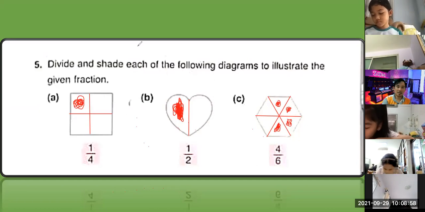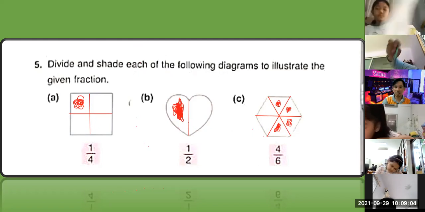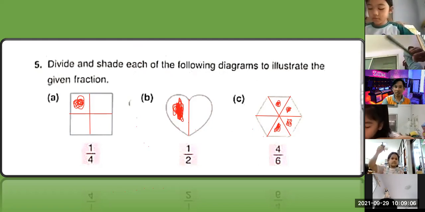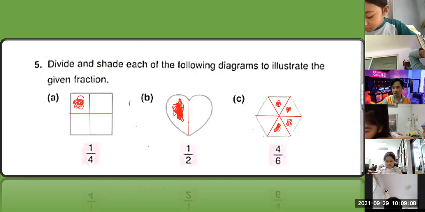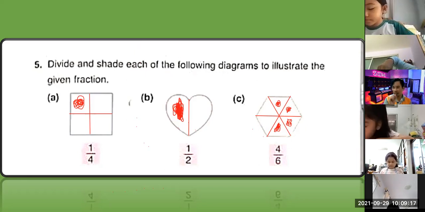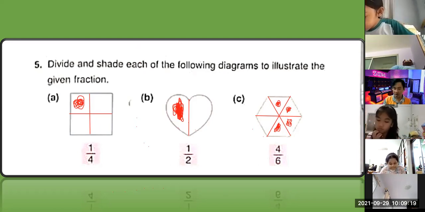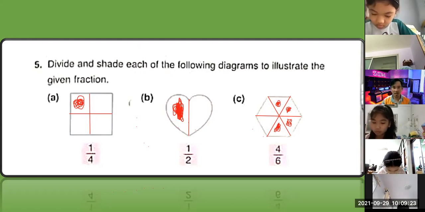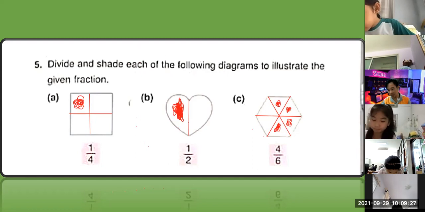Okay, finish. Pencils up if you are finished so that I will know that you're done already and we can proceed to the next activity. If you are done in number 5, you can answer number 6. In number 6, you will circle the diagram that has its parts shaded correctly to represent the given fraction.